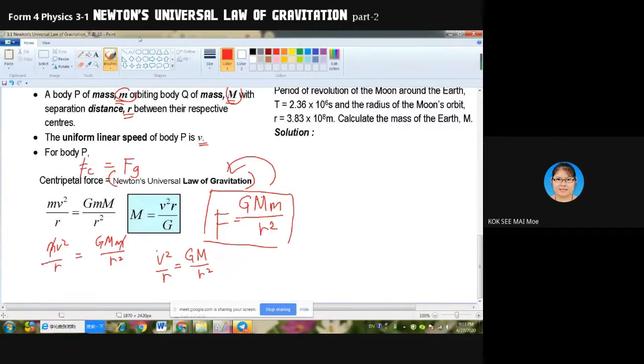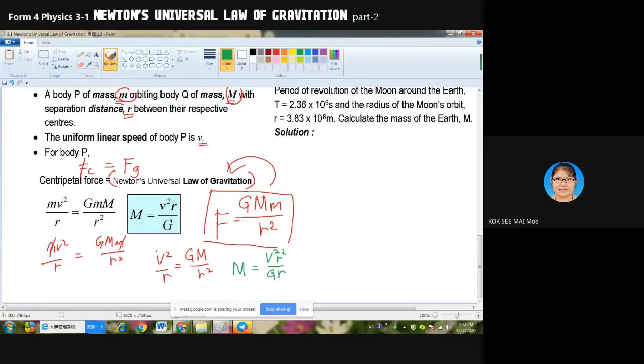I want to take out the capital M and leave the capital M alone. So what do I need to do? This r, move up, is it? Move up: v squared r squared over G r.